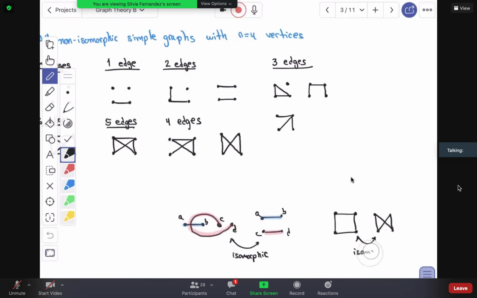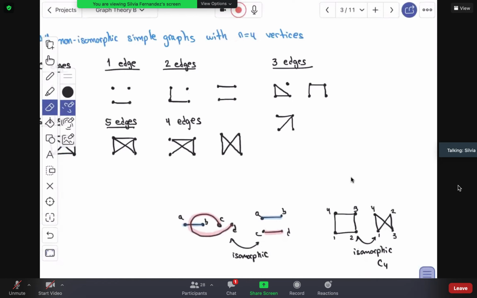These are C4s, right? So 1, 2, 3, 4, 1, 2, 3, 4. Those are C4s, drawings of C4. Okay, so I have those.